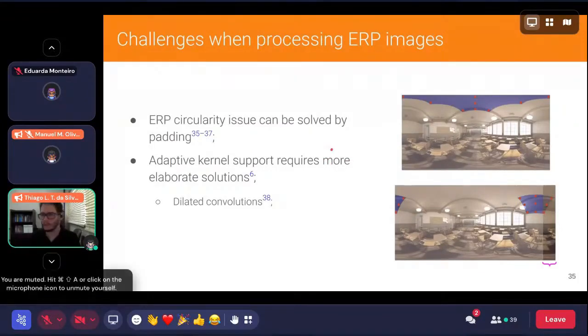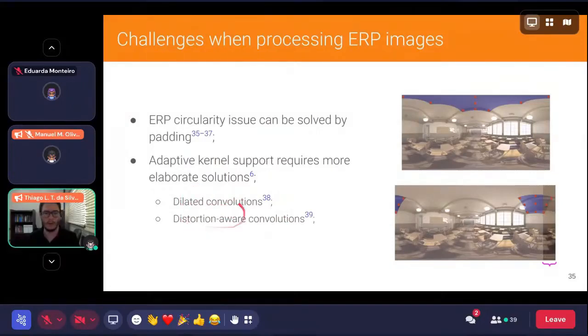Fortunately, we have some works that do this and perform this kind of adaptation and deliver this framework for further processing. And here we highlight what they call the dilated convolutions, distortion-aware convolutions, and deformable convolutions.